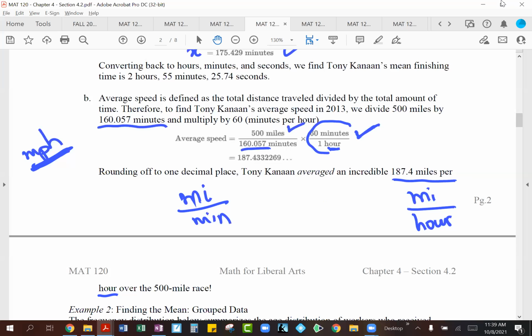When we set up this conversion factor, we put minutes on the top and hour on the bottom, because just like with any fractions, the same thing happens with your units of measurement. Your minute and minute cancel out, leaving you with miles on the top, hour on the bottom, and that's how we got our miles per hour.